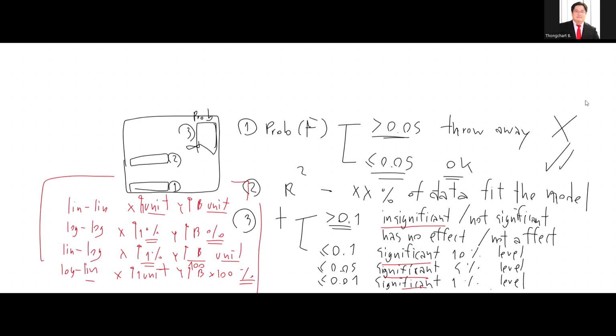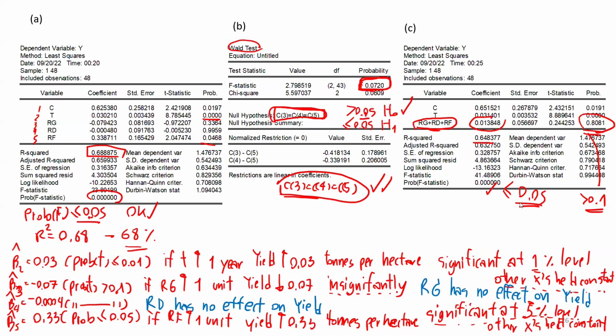Remember this picture and answer me again. First, the probability of F: okay, because it's less than 0.05. R square, no doubt. T, is this one good or not? 0.000.